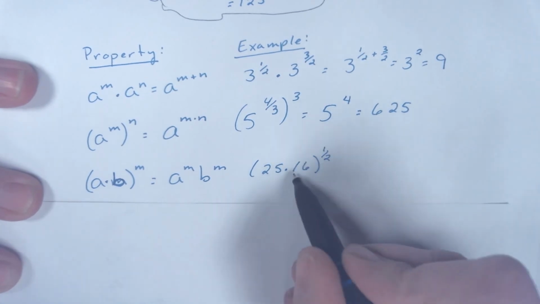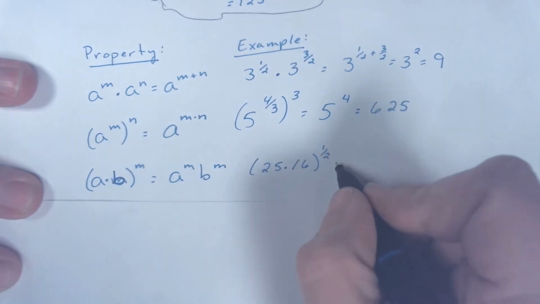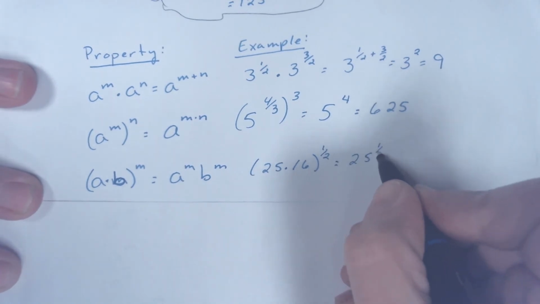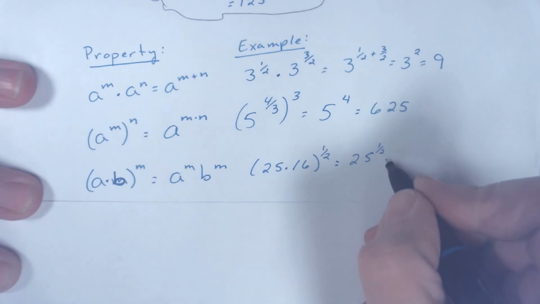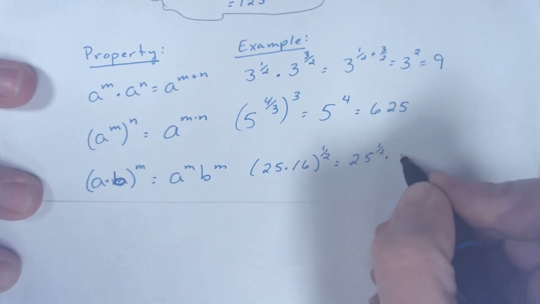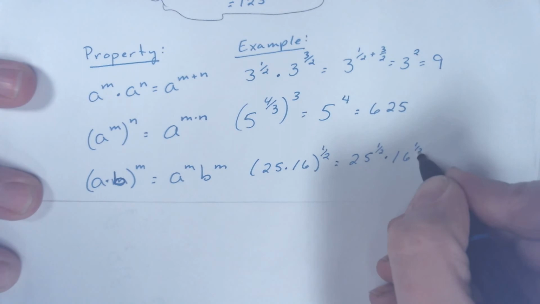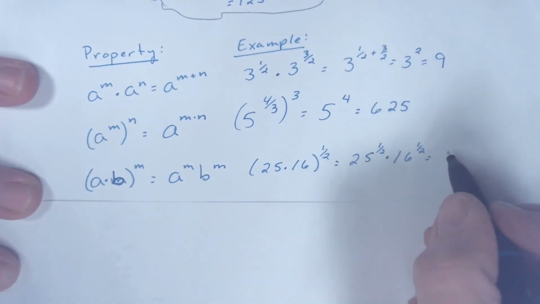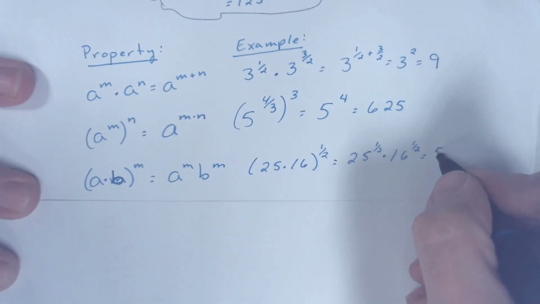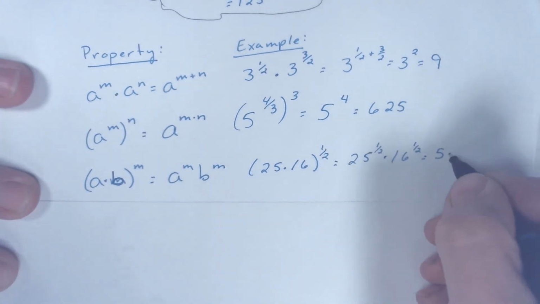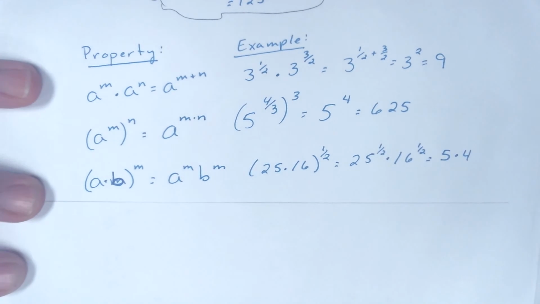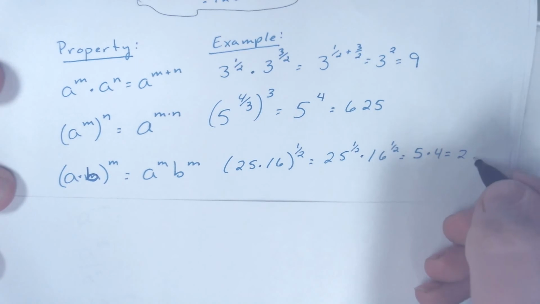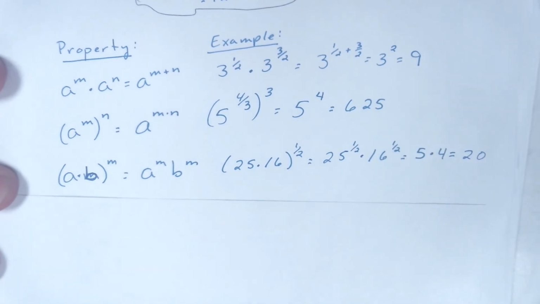I could just, instead of multiplying first and then take the square root to get the 1/2 power, I could do 25 to the 1/2 power, which is the second root of 25, times 16 to the 1/2 power. Well, 25 to the 1/2 power is the same as square root of 25, so that's 5. 16 to the 1/2 power, well, that would be 4. And then 5 times 4 is, anyone? Bueller? 20. Yeah, you're too young to remember that movie.